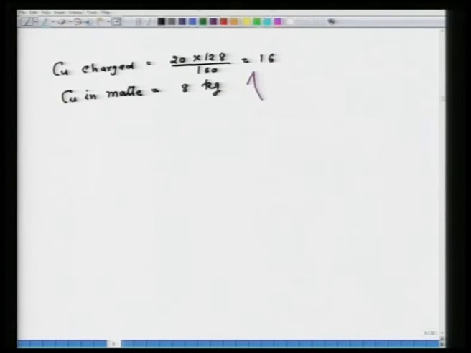Therefore, the amount of Cu2S is equal to 10 kg. So this is another component of the matte, and the rest of the copper is in bullion. So the amount of lead bullion we can now calculate.